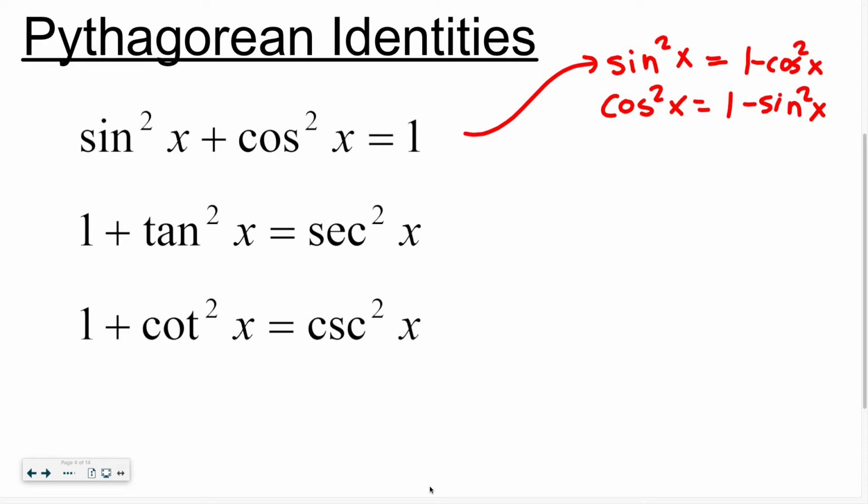So we have 1 plus the tangent squared of x is equal to secant squared x. And 1 plus cotangent squared x is equal to cosecant squared x.